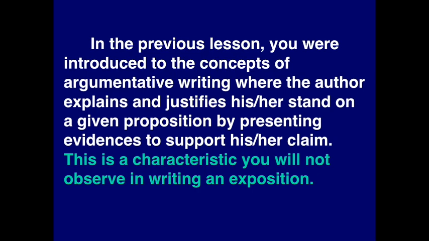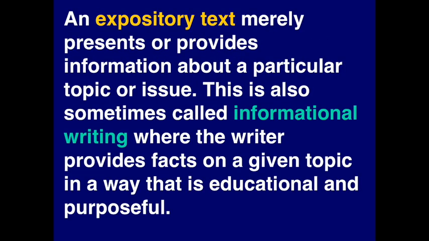In the previous lesson, you were introduced to the concepts of argumentative writing, where the author explains and justifies his or her stand on a given proposition by presenting evidences to support his or her claim. This is a characteristic you will not observe in writing an exposition. An expository text merely presents or provides information about a particular topic or issue.